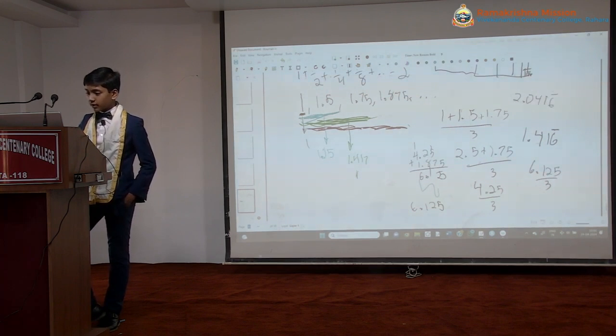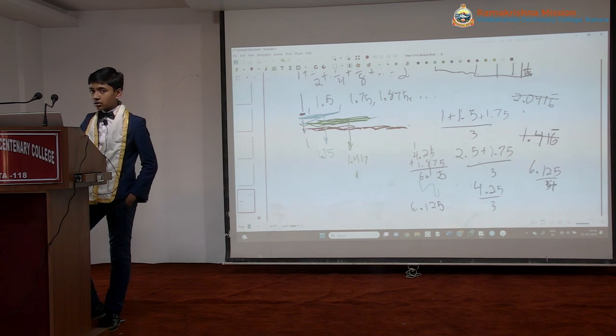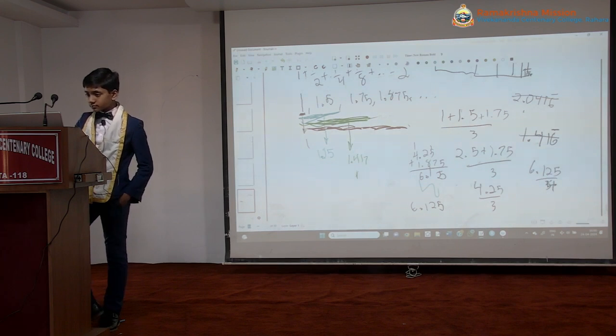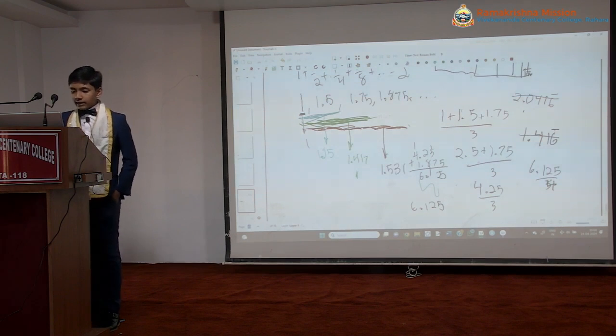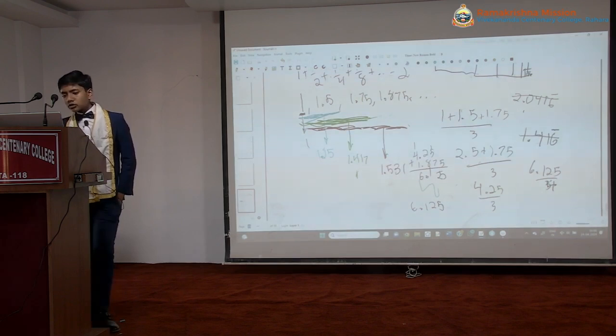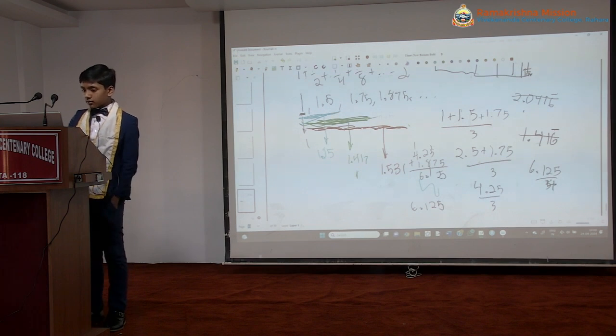Wait, no. I'm supposed to be dividing by 4, not 3. Yeah, I'm going to need a calculator for this one. So I'm just going to abbreviate that as 1.531. Now, as you can see, it's very slowly converging, but it still converges towards 2.